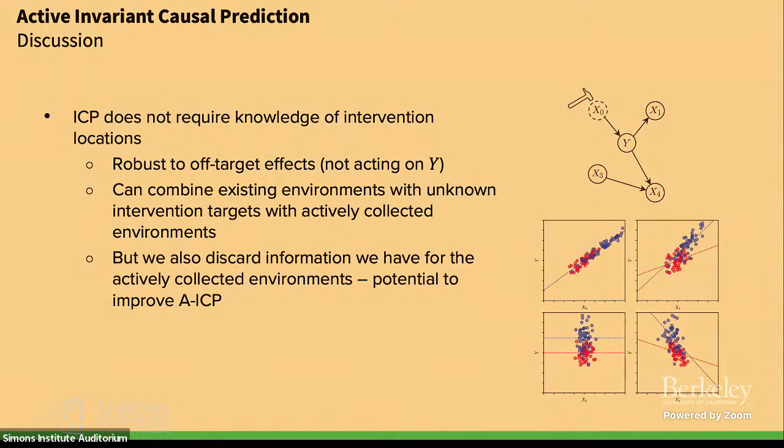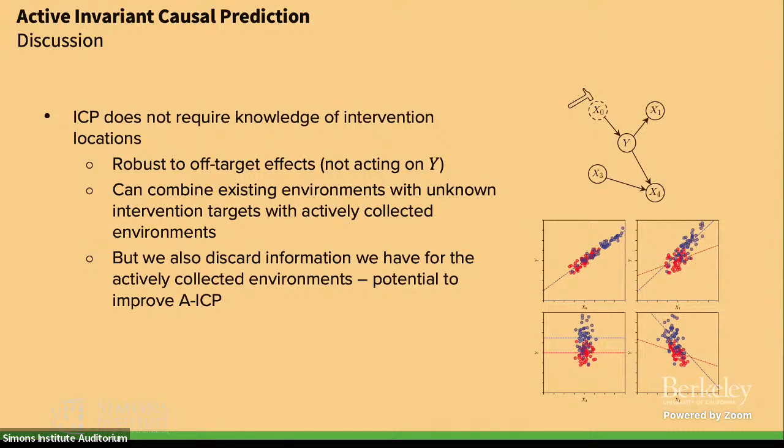There may be one point of discussion at the end. When you run ICP, it does not require knowledge of the intervention locations. On the one hand, that makes it robust to off-target effects, as long as they don't affect Y itself. And in this framework, you could also say you combine existing environments, where the intervention targets are unknown, with more of these actively collected ones.